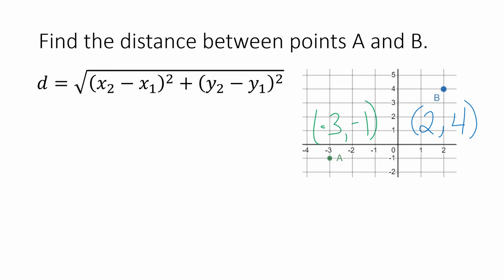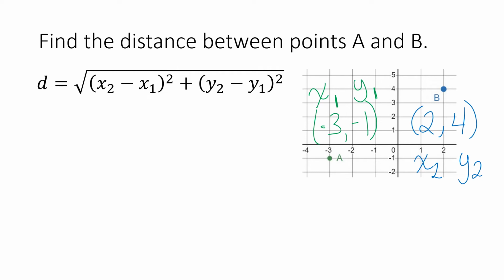So point A, I'm going to call point 1 because it is the leftmost point on the graph. So I'm going to label the x-coordinate of point A as x1 and the y-coordinate of point A as y1. I'm going to label the x-coordinate of point B x2 and the y-coordinate of point B as y2.